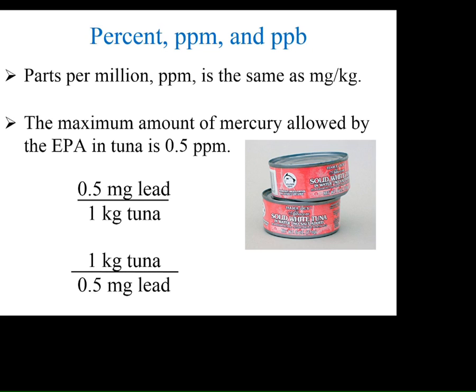Now, one nice thing though about this is we know this is going to be true as well. Same as also saying milligrams per kilogram. So let me explain why that is. Okay. So let's just look at 0.5 parts per million.